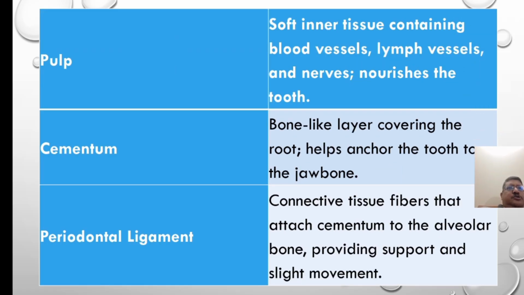Pulp: soft inner tissue containing blood vessels, lymph vessels and nerves, nourishes the tooth. Cementum: bone-like layer covering the root, helps anchor the tooth to the jawbone. Periodontal ligament: connective tissue fibers that attach cementum to the alveolar bone, providing support and slight movement.